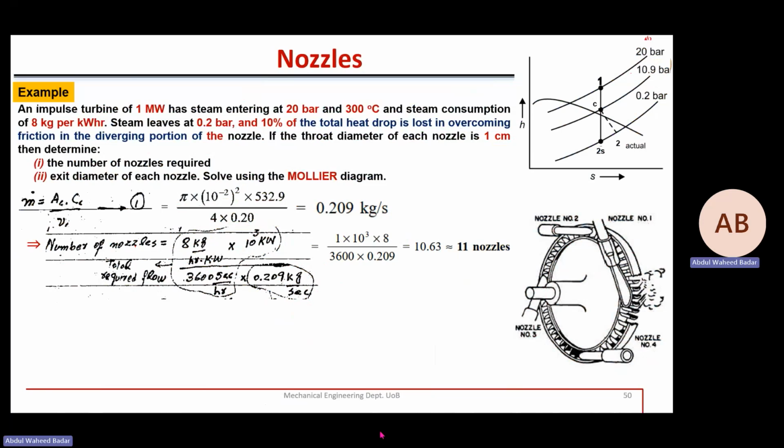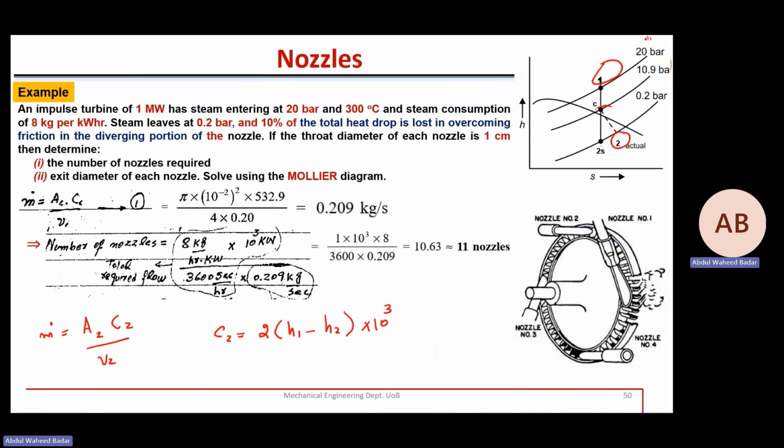So exit area is similarly m dot A2 C2 over V2. So find out C2. Now it will be 2 into H1 minus H2, from 1 till 2.